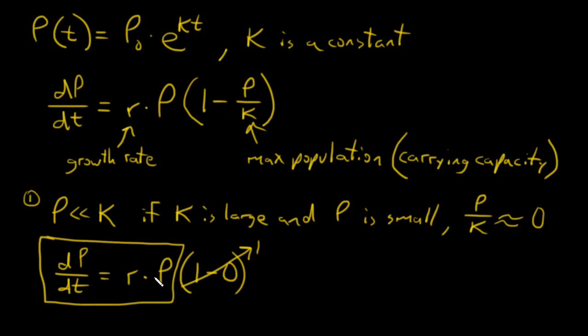Because when the population is really small and the max population is really large, growth should behave as if there are no limits because the resources are not the limiting factor at that point. So that is very good to see that when the population is super small, it behaves like unbounded growth. Okay, now let me go to the next one. Let me clear this.